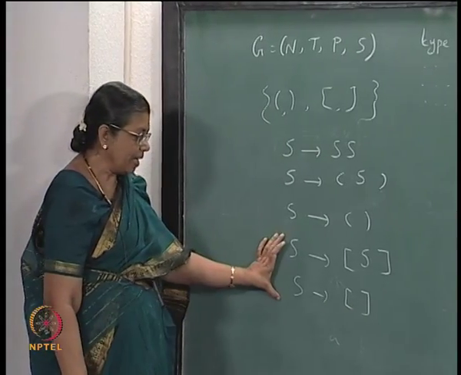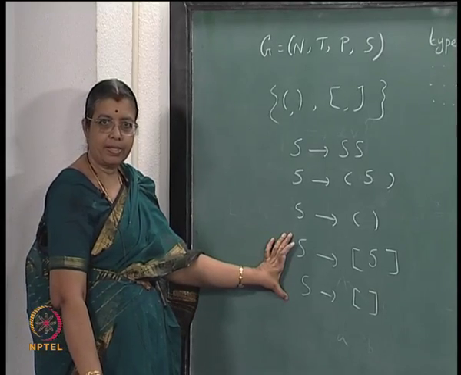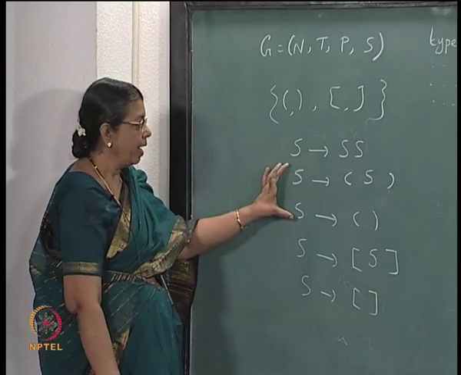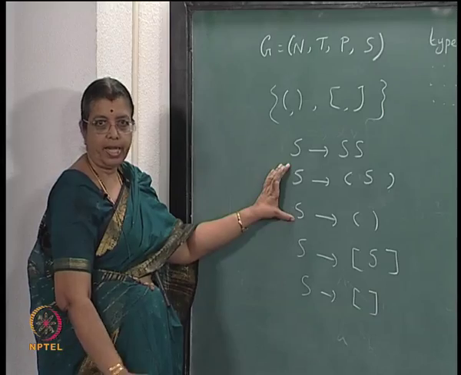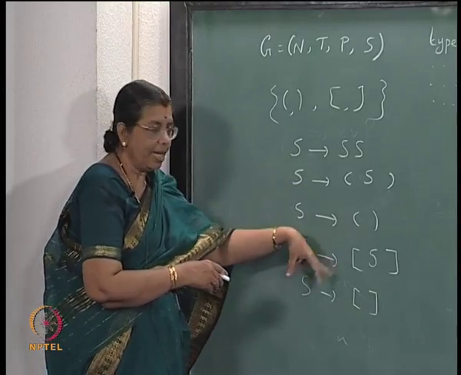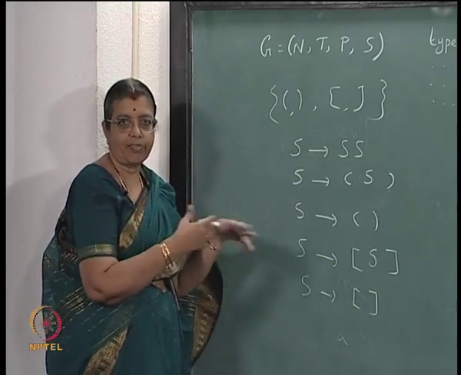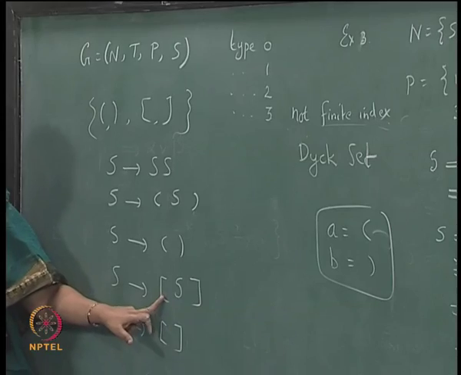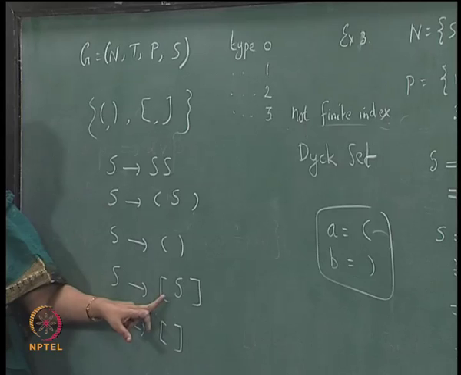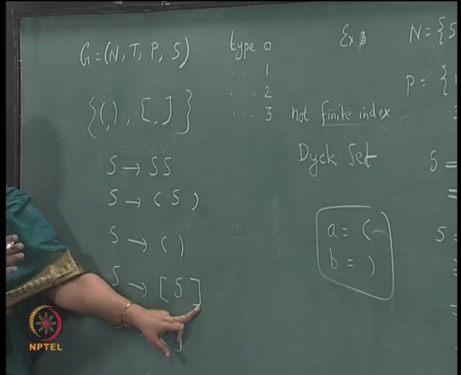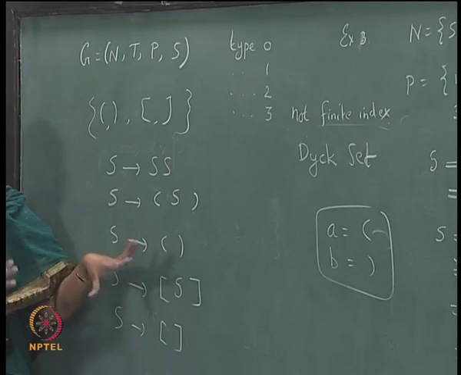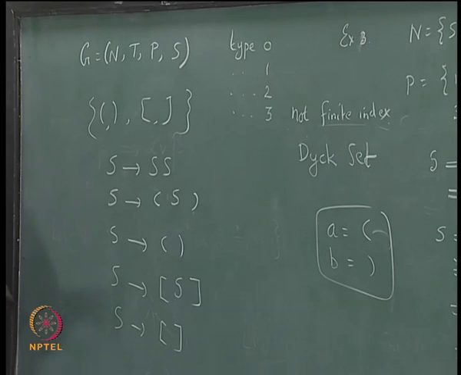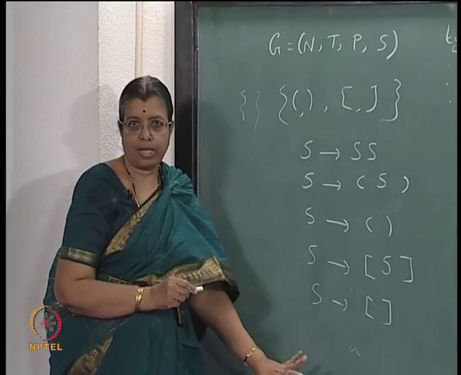So, with this you can generate square brackets, and here ordinary parenthesis you can generate, and with the S you can generate S goes to SS and have any sort of combination. But whenever a left square bracket is generated, a right bracket will be generated, a matching one will be generated. So, it will always generate only well formed strings of parenthesis. If you want to have another one also, you must have two more rules, that is all.